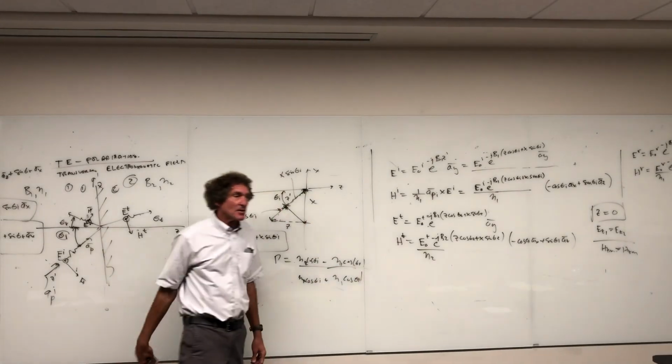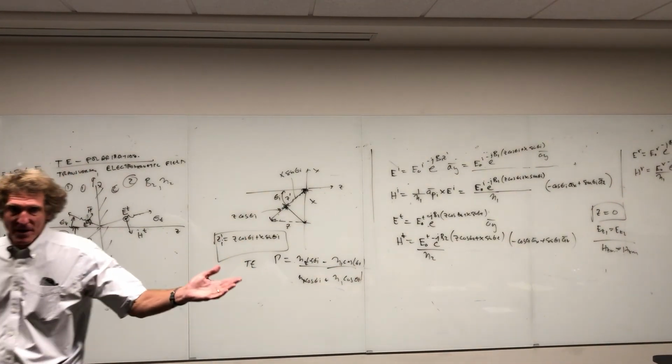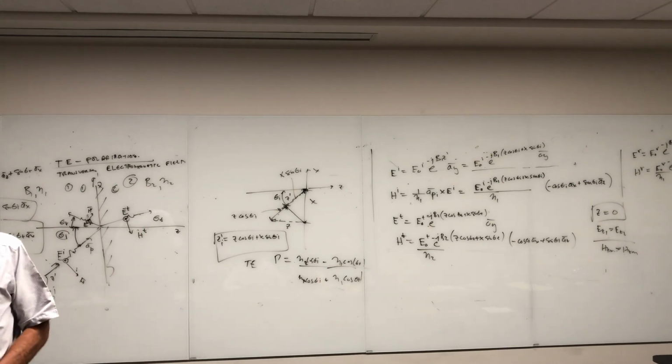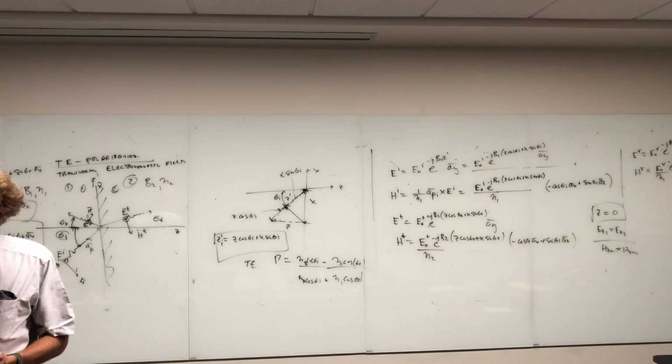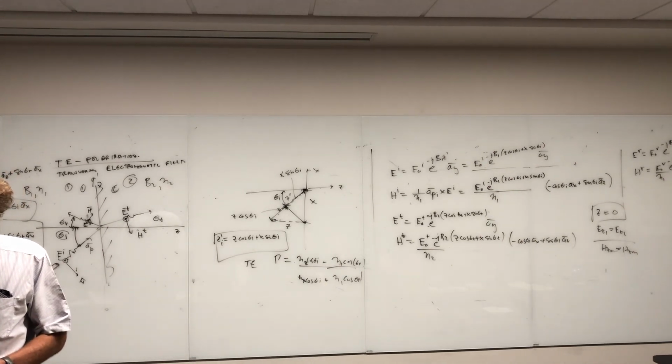You can check that. And it will reduce to eta 2 minus eta 1 over eta 2 plus eta 1 when theta is 0 degrees.